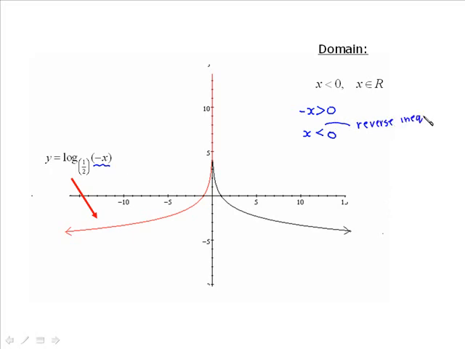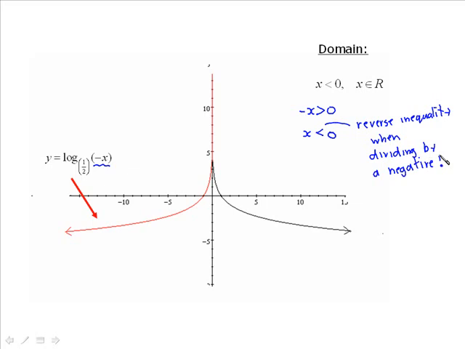You may not have seen that for a while, but that's that old trick when dividing by a negative. So x is less than 0.